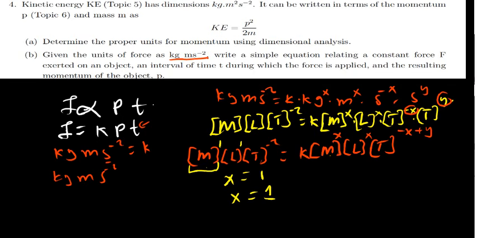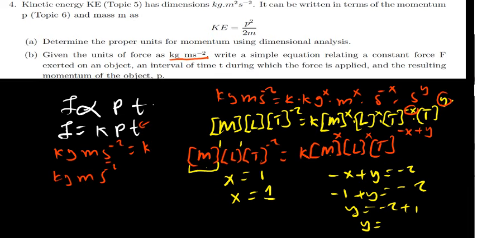The second one is negative x plus y equal to negative 2. So negative 1 plus y is equal to negative 2, so y is equal to negative 2 plus 1. So what is our y? Negative 1.